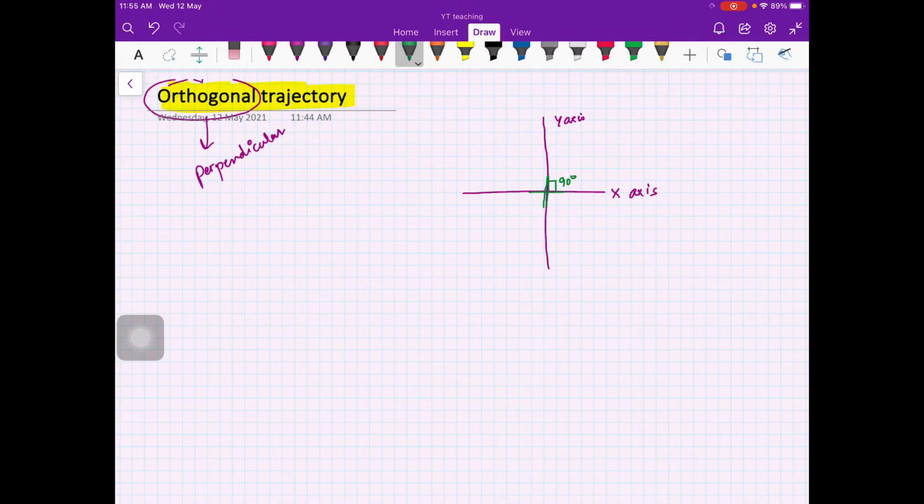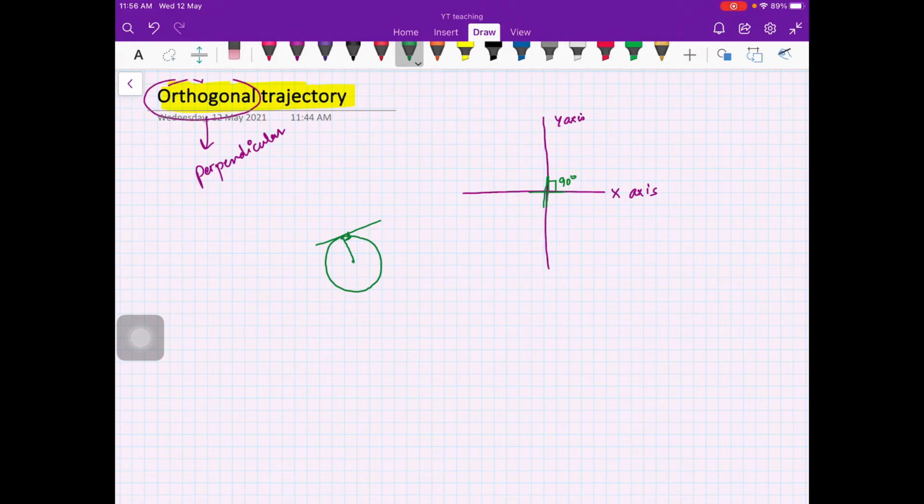But there are other examples also. For example, if you have a circle, at any point on the circle, if you draw a tangent, then you know that it is perpendicular to this line, right? So this angle is 90 degrees.